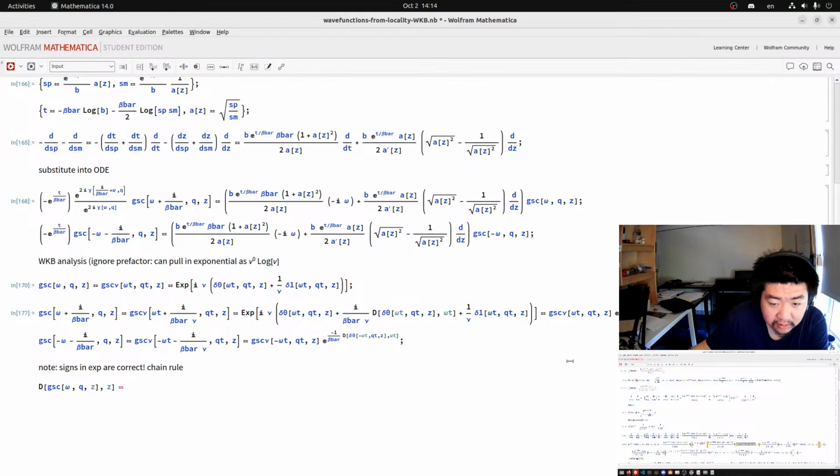I get this, of course, but then I have to differentiate some stuff with respect to z, and the thing I want to do is that. So this is going to be i nu delta 0, simple as.